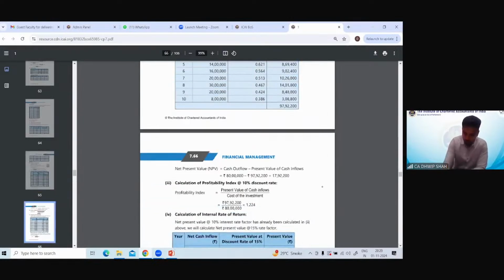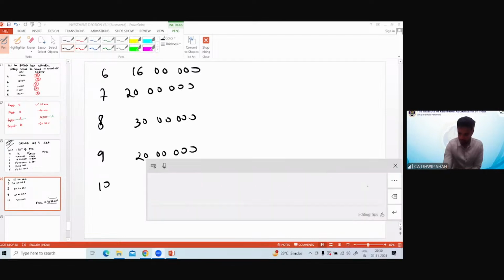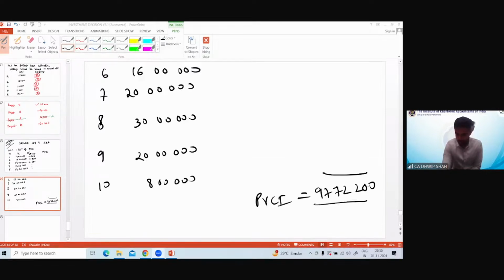Your total PVCI should come to 97,70,200. I don't have the right of unmuting. I'm not able to unmute. You can write on the query portal or you can type it here.